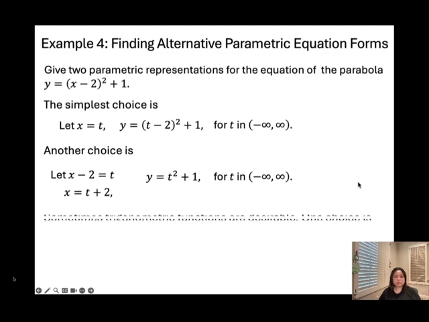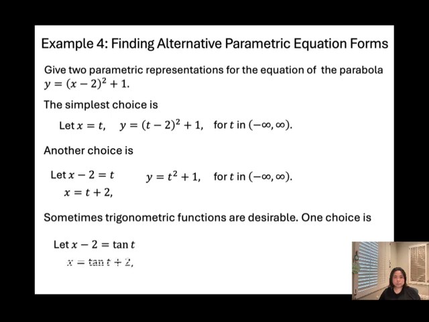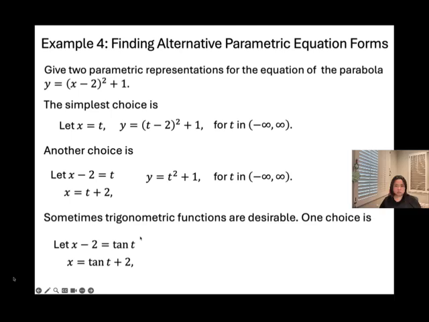And sometimes we could use a trigonometric function because I saw there's y equal to something squared plus 1. I may let x minus 2 equal to tangent t. So x equal to tangent t plus 2 here. Okay, when x minus 2 equal to tangent t, I'm gonna plug in here. So I will have y equal to tangent squared t plus 1.